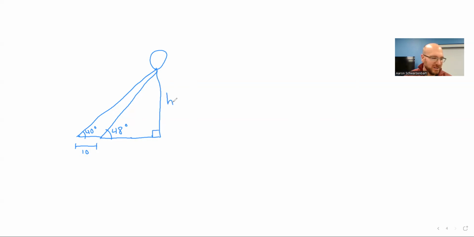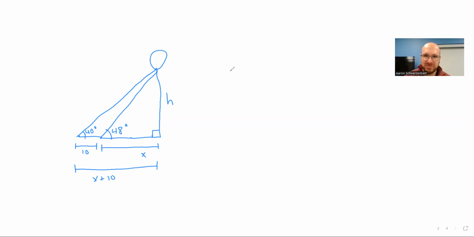This right here is my height. That's what I'm trying to solve for. I'm going to call this distance x. So this distance right here is x plus 10. I'm using it as that instead of y to save myself a variable.